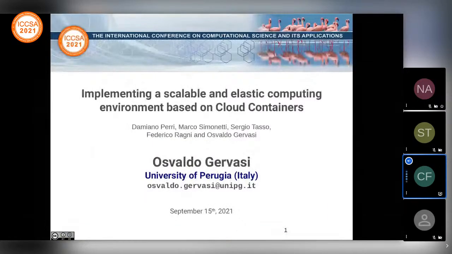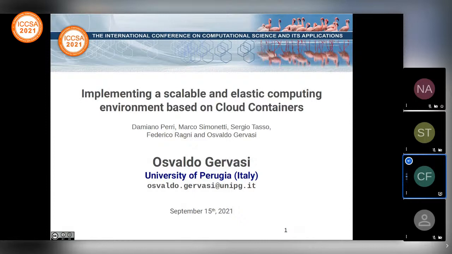So the title of my talk is Implementing a Scalable and Elastic Computing Environment based on cloud container. The work has been carried out by Damiano Perri, Marco Simonetti, who are my PhD students, and Sergio Tasso, professor at University of Perugia, and Federico Ragni, who is a technician of the same university.